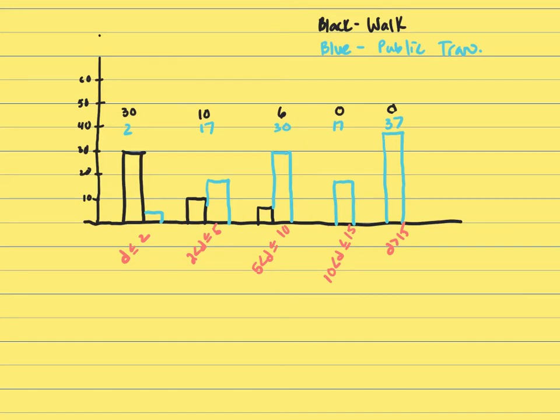Okay, on the graph, I have only drawn in the walking part, and that's in black, and the public transportation, which is in blue. And what I've done above, so if you look here, these numbers up here at the top, I've estimated that there were 30 walkers, because that line comes up to 30, and 2 public transportations.